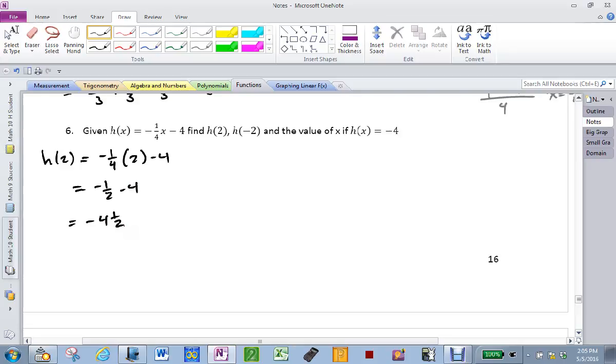Okay. Now I want the h of negative 2. Negative 1/4 times negative 2 minus 4. Well, negative times negative is going to be positive. We already know 2 times 1/4 is 1/2, so it's positive 1/2 minus 4, yes? Which, if you can't do that in your head, you go to your calculator, 0.5 minus 4, negative 3.5. Right? Everybody okay? Everyone is Gouda?